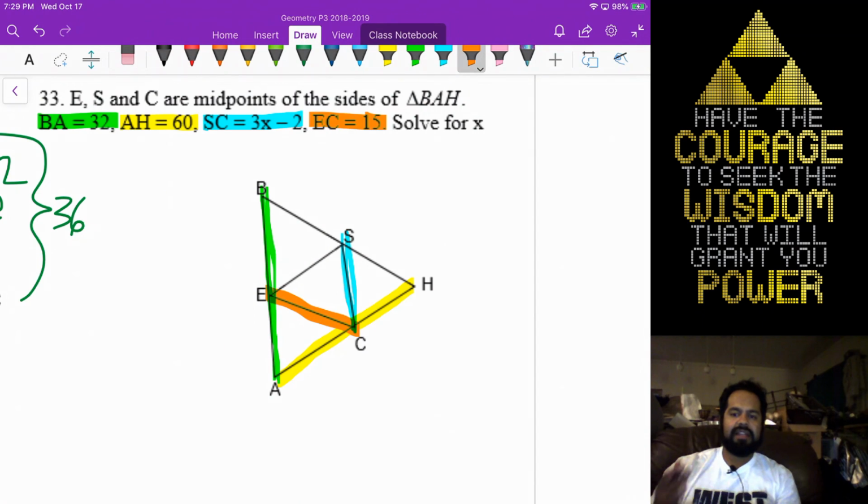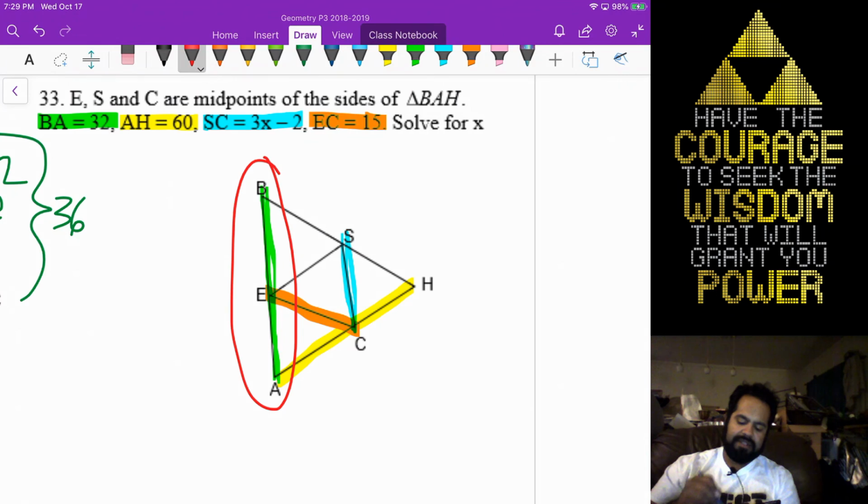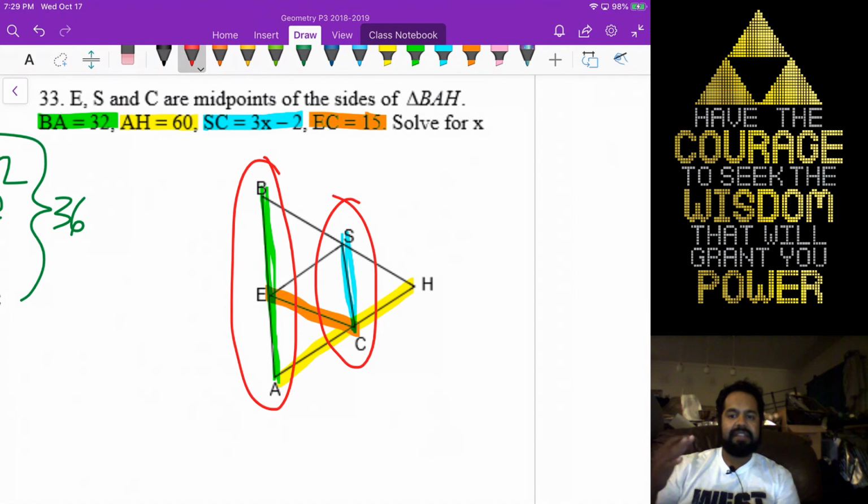Now I know that's a lot of colors, but let's look for the ones that are even parallel, because those are the only ones that are going to matter to us. SC is the short side to the green line, to our BA.